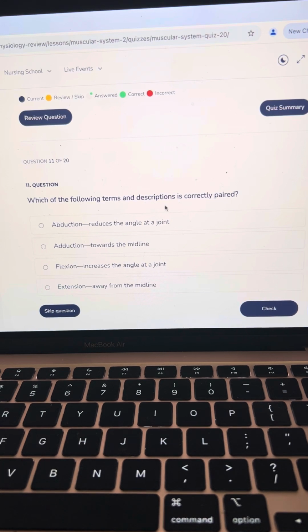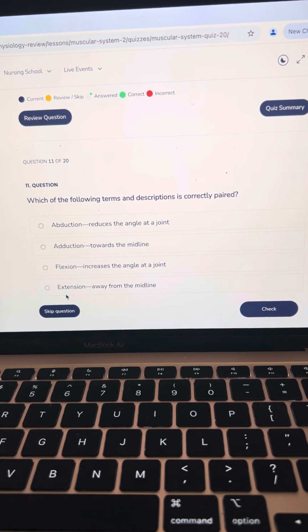Which of the following terms and descriptions is correctly paired? Abduction reduces the angle at a joint? No. Adduction is towards the midline? That one may confuse you a little bit, right? Flexion increases the angle at a joint. We know that's not true. Extension is away from the midline.